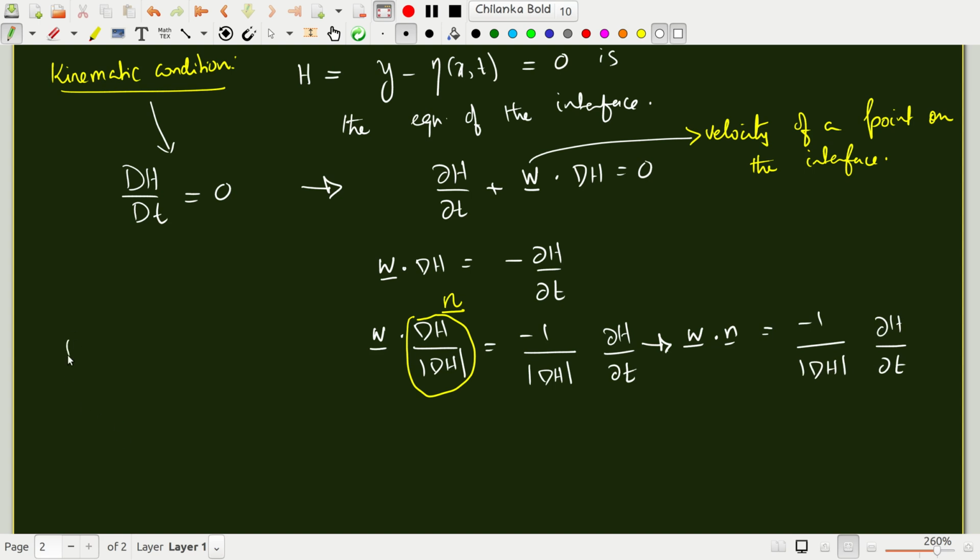Okay, but h of x,y,t is nothing but y minus eta of x,t, so partial h partial t will be minus partial eta partial t, but there is another minus sign, so what you will get is w dot n is 1 over mod del h.